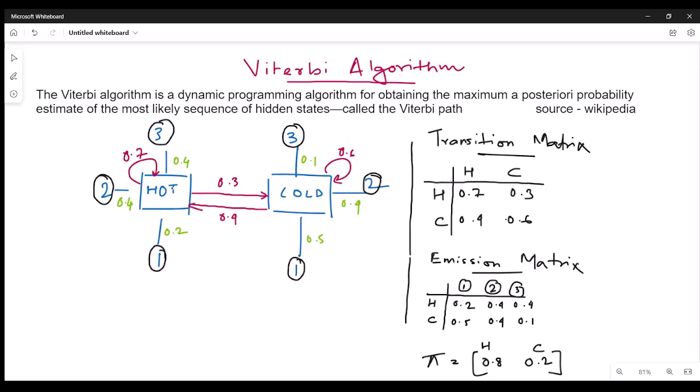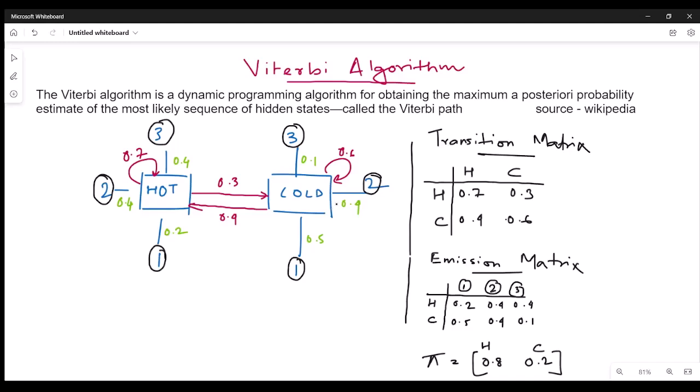This shows that the probability of changing the weather from hot to cold or cold to hot is 0.3 or 0.4 respectively. The weather being hot and staying hot the next day is also a transition probability, shown as 0.7 in this example. Similarly, for the weather cold, it is shown as 0.6.